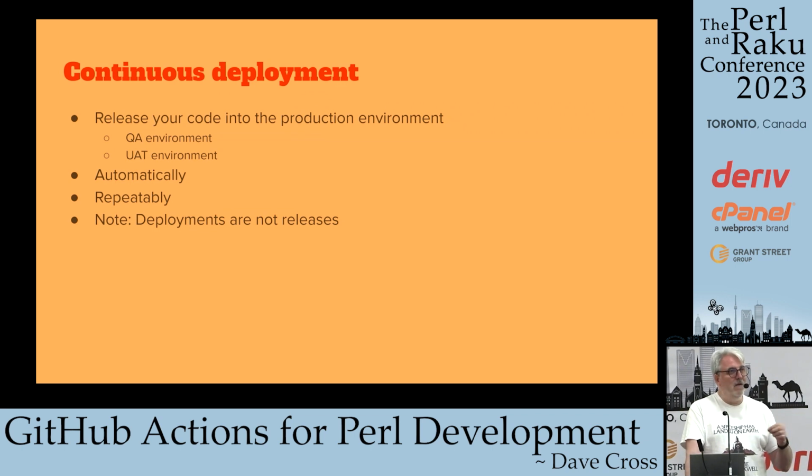Something else to bear in mind that's kind of tangential to this, I guess, is that there's a difference between a deployment, which is taking your latest code and putting it onto your production servers, and a release, which is making that new code live on your production servers.